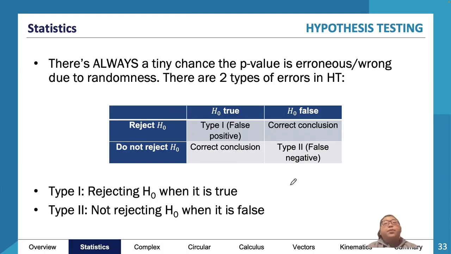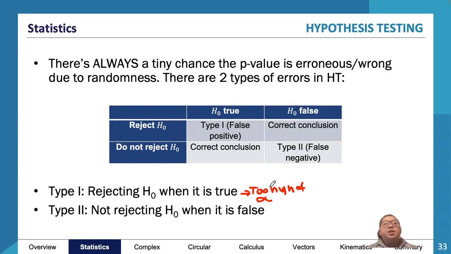So you're rejecting h0 when it's true. This is going to be equivalent to having too high a significance value, because the chance of doing that is dependent on your significance value.